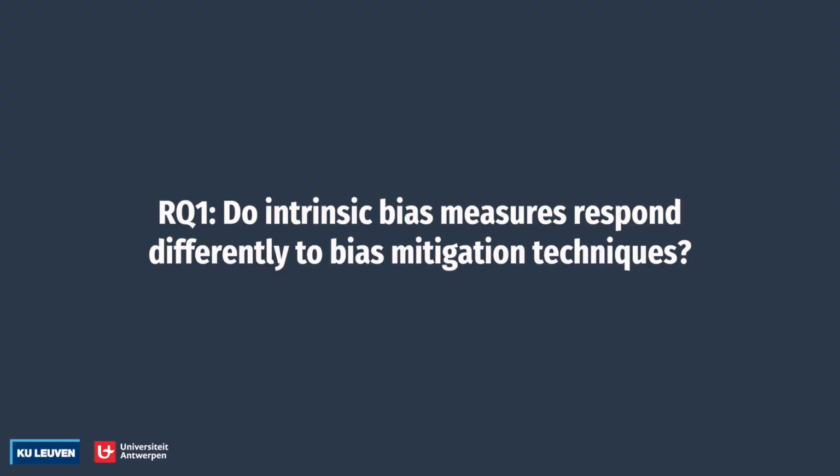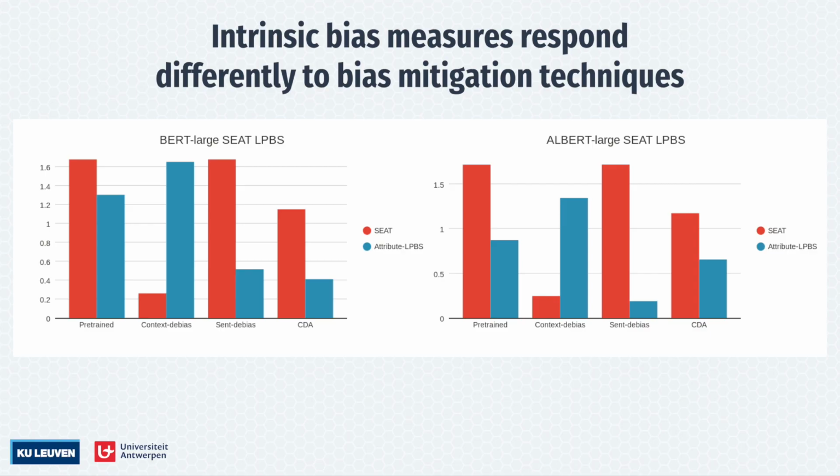So the first research question we asked ourselves is if intrinsic bias metrics respond differently to bias mitigation techniques. And apparently they do. If we look at BERT and ALBERT and evaluate different debiasing methods with both SEAT and the log probability bias score, we see some differences.